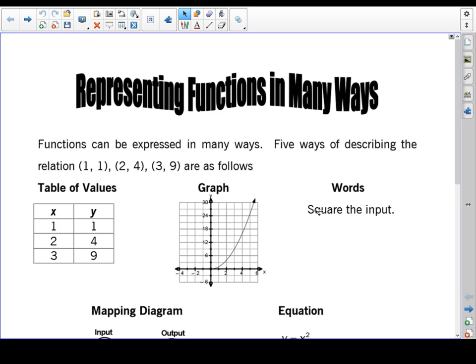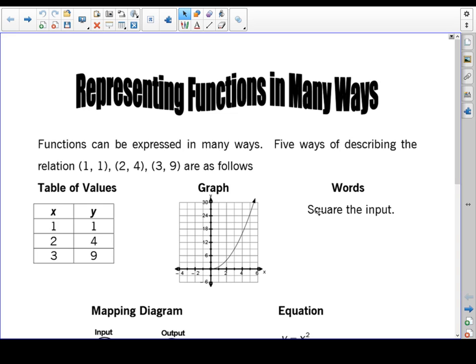But where math really gets pretty cool to me is where you start seeing where things are related and linked, and the patterns that you see or the different ways to represent something help make math one of the most interesting disciplines I've ever seen. So today we're looking at how to represent functions in many ways.